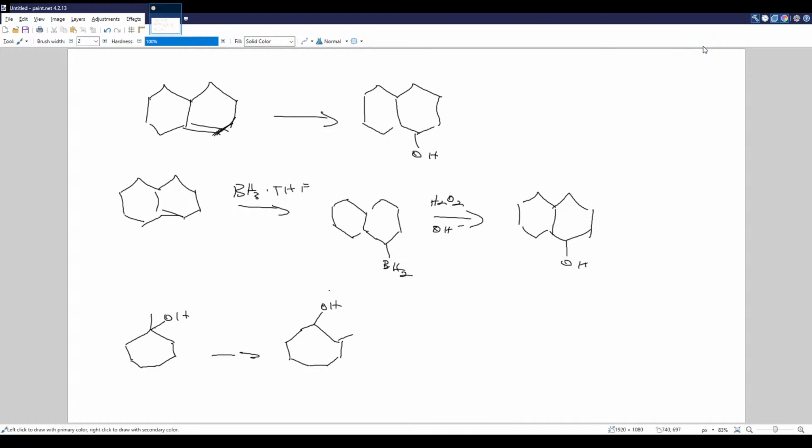Yeah, I definitely feel like we already did this, but what you gotta do is you gotta, oh god, I can't draw. You gotta do this thing, so you get the alkene.